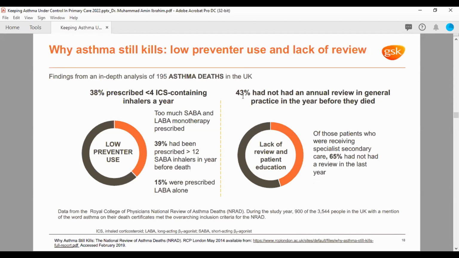Sadly, 43% of them did not have any annual review with the GP in the prior year before they died. So they don't have any regular follow-up. I think with the COVID pandemic, most of our patients did not have any regular follow-up. And the regular follow-up will be in the emergency department. We don't do regular follow-up in the emergency department. Okay, make sure that our patients do have regular follow-up.